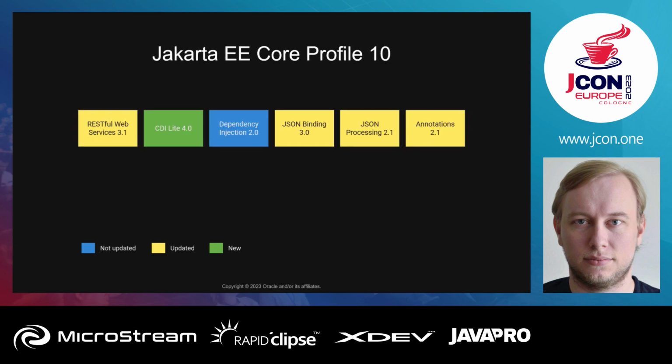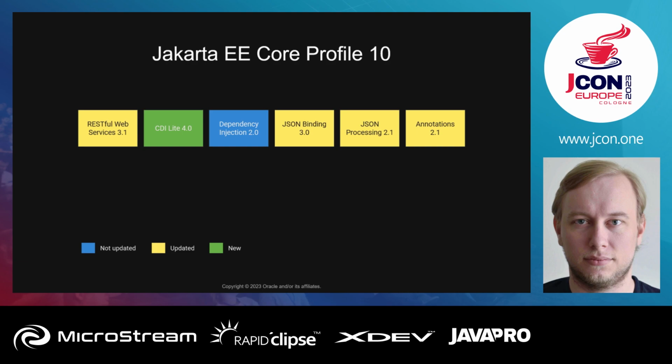Then let's take a look into some Jakarta EE core profile 10 updates. So we have updated RESTful web services to version 3.1. We have included CDI Lite at version 4. Then JSON-B at version 3, JSON processing at 2.1, and annotations at 2.1 as well.